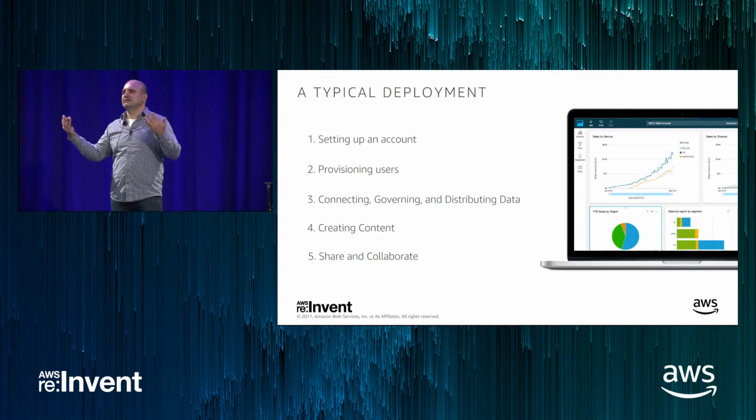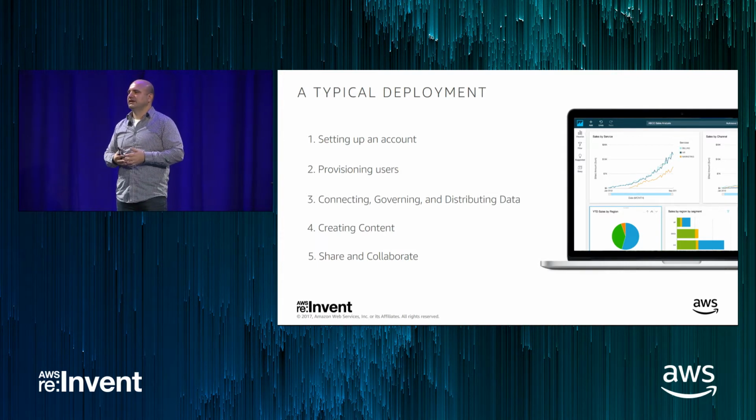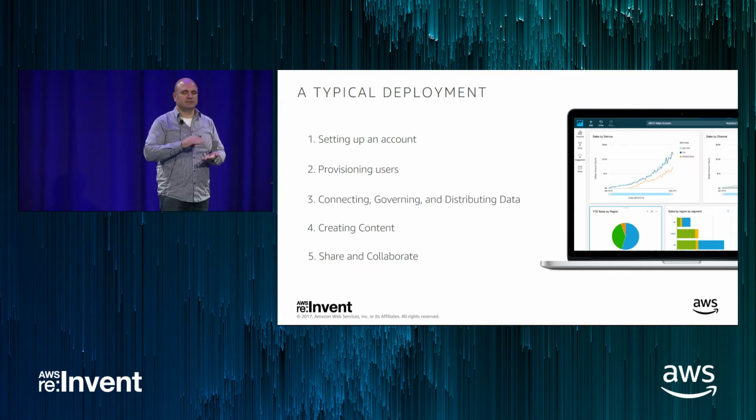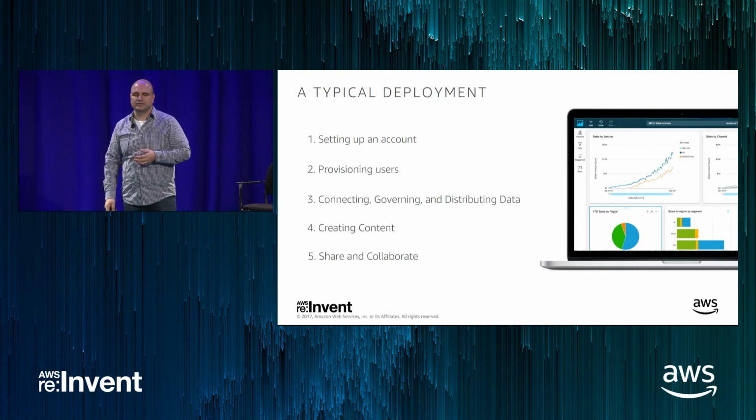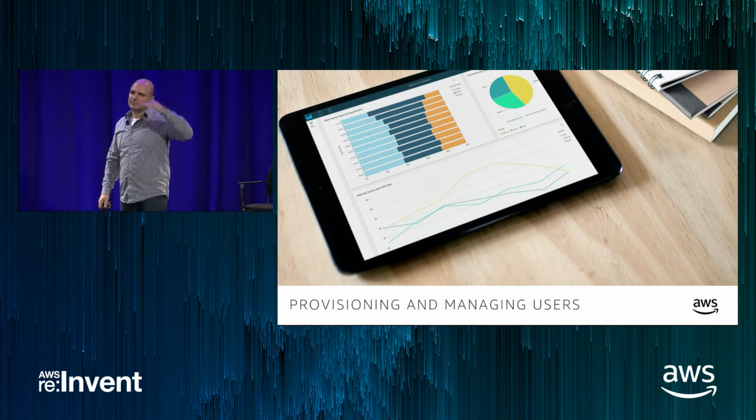So we'll assume everyone at least knows how to access their AWS account or how to provision one. Then we're going to go through steps in terms of provisioning users, connecting to data sources and providing governance around that, creating the content, and then sharing and collaborating on those components.